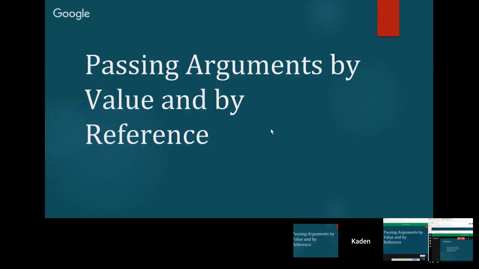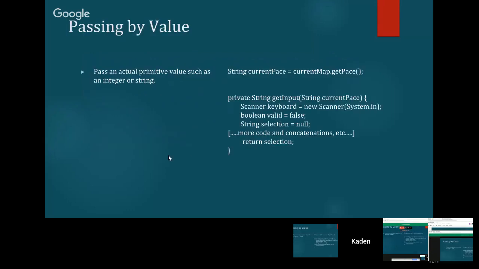So I'm going to talk about passing arguments by value and by reference, what the difference is between the two. The difference is whether you're passing an actual primitive value into the variable or a pointer to the place where that information is stored in the program. If it's passing by value, you're passing an actual primitive value, like an integer, or in this case, we have a string variable here, declared current pace, and so there's some string that's going to be assigned to it.